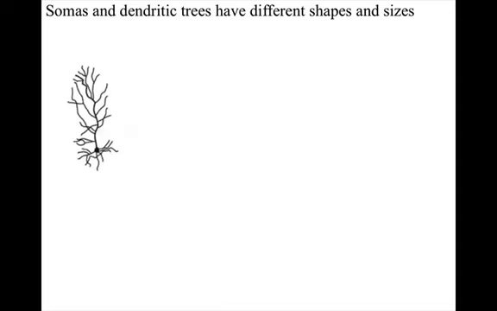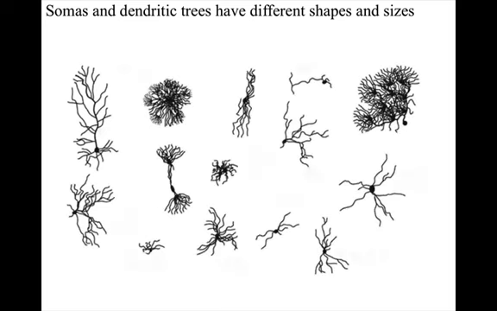Now, pyramidal neurons are very common in the cortex, but there are lots of other types. And this shows some different types, some in the cortex, some in other brain structures. The physical shape of the dendrites is obviously different, and the shape of the dendrites reflects to a degree how the neurons connect to other neurons, because most inputs to a neuron from other neurons arrive on the dendrites, and the dendrites extend into regions where axons of specific types of neurons tend to be located.